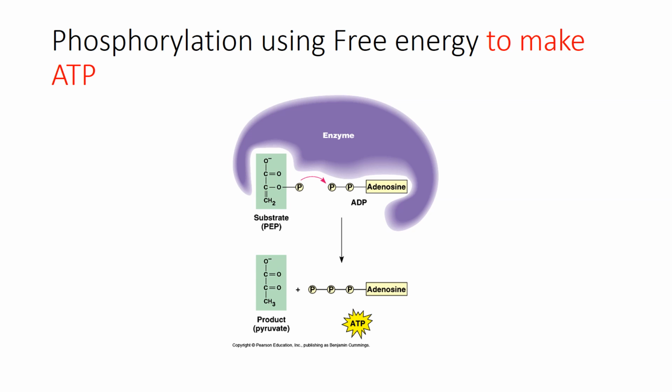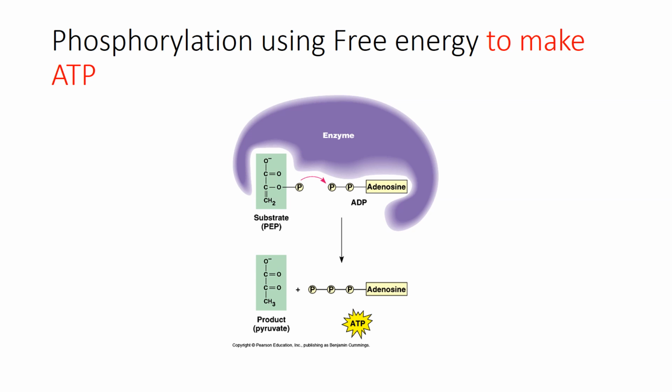And in this scenario, there's an enzyme plus a substrate molecule and ADP. And notice that the substrate molecule has an extra phosphate on there. So this is an enzyme catalyzed reaction. And the enzyme takes the substrate, which is PEP, which stands for phosphoenol pyruvate, and the ADP, and it takes the phosphate off the phosphoenol pyruvate, adds it to the ADP to make ATP.